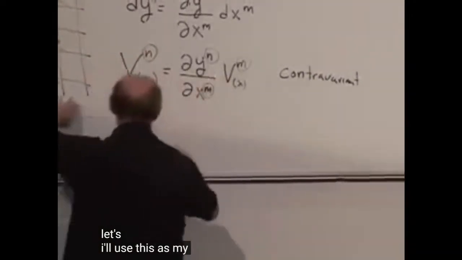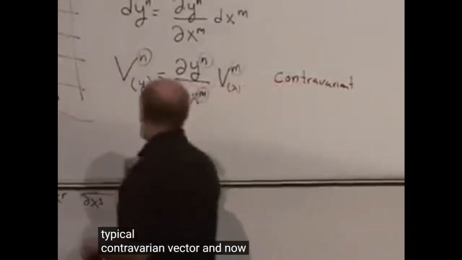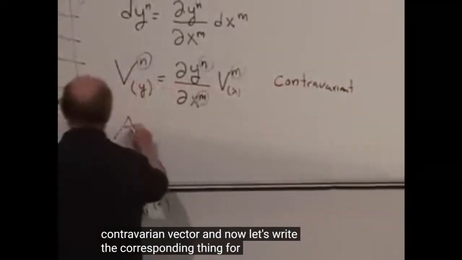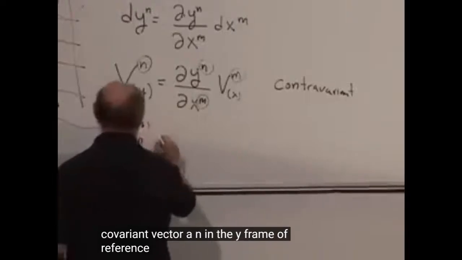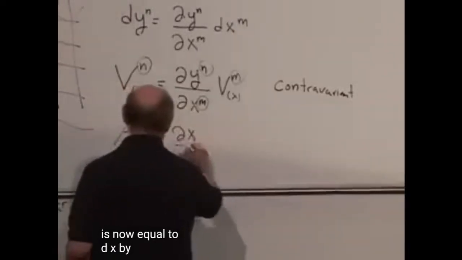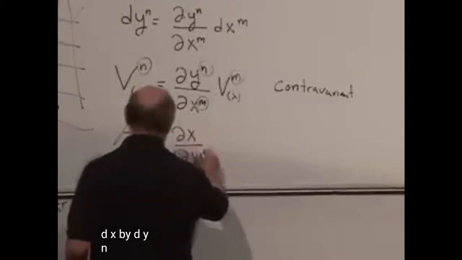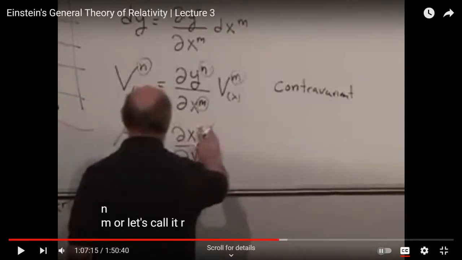I'll use this as my typical contravariant vector. And now let's write the corresponding thing for the covariant vector. A sub n in the y frame of reference is now equal to dx by dy, n m, or let's call it r.